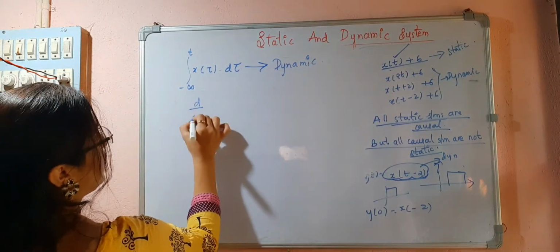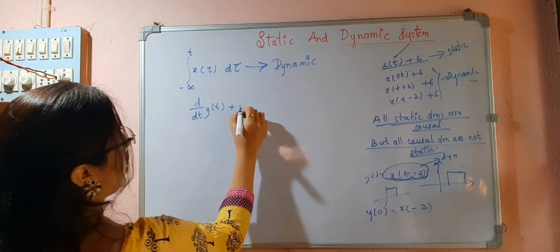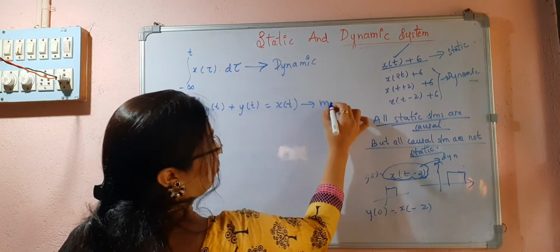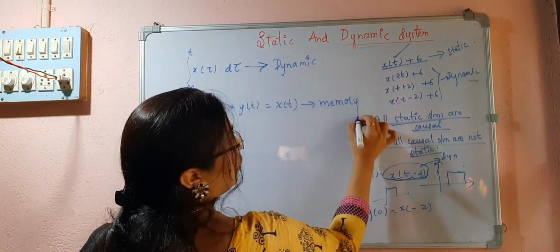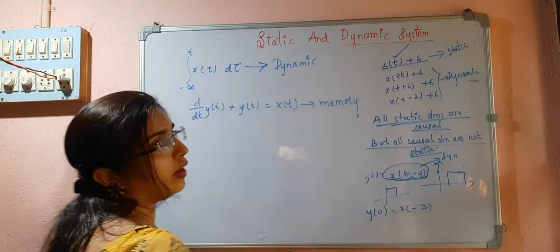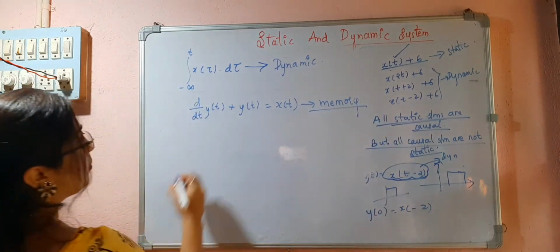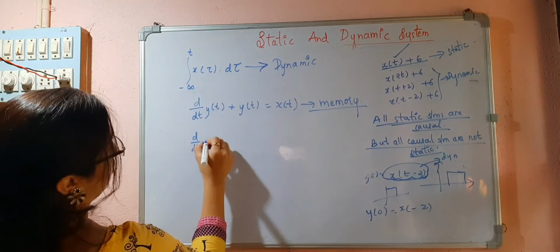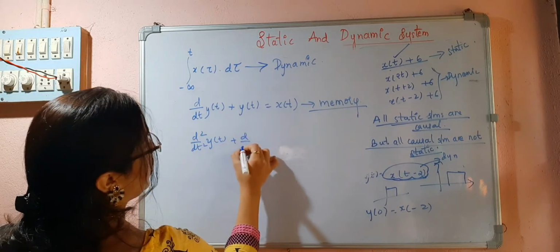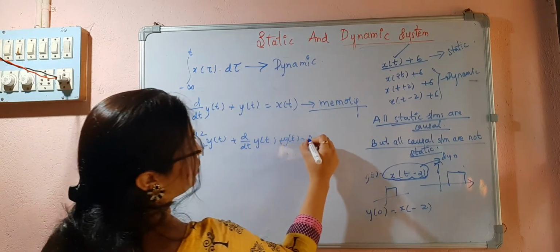If I consider dy/dt plus y of t is equal to x of t, this also will have memory. Differentiators possess memory because they should be defined for a particular length of time. Similarly d square y by dt square plus dy/dt plus y of t is equal to 2x of t.